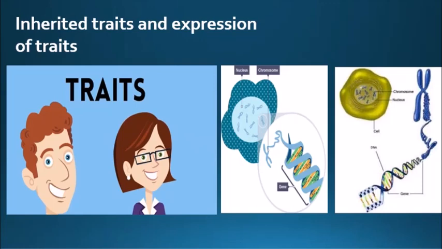Let us understand the expression of traits with the example of plant height. We all know that the growth of a plant is dependent on the quantity of the growth hormone. If the growth hormones are more, then the height of the plant will increase. But the quantity, or we can say the efficiency, of the growth hormones is concerned with the enzymes which are produced by the body.